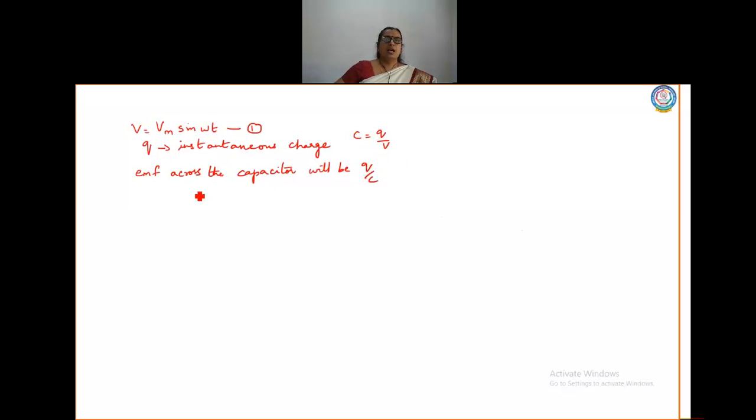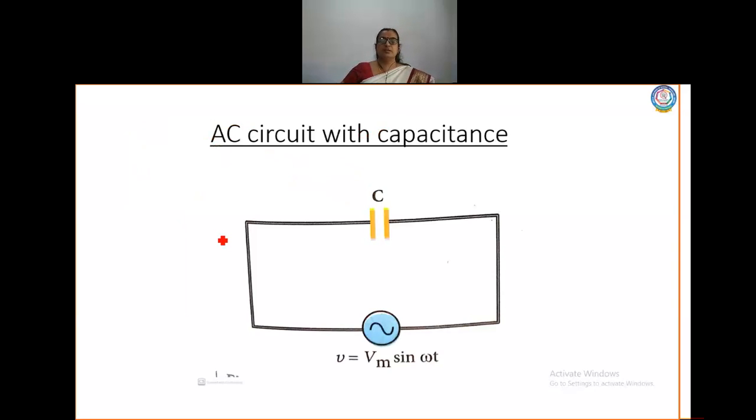Okay, now I am going to apply Kirchhoff's loop rule, that is the voltage rule. It states that the algebraic sum of the potential across any closed circuit is zero. Now here you have a voltage, and you have a potential difference between the two plates of the capacitor, which is considered to be the EMF.